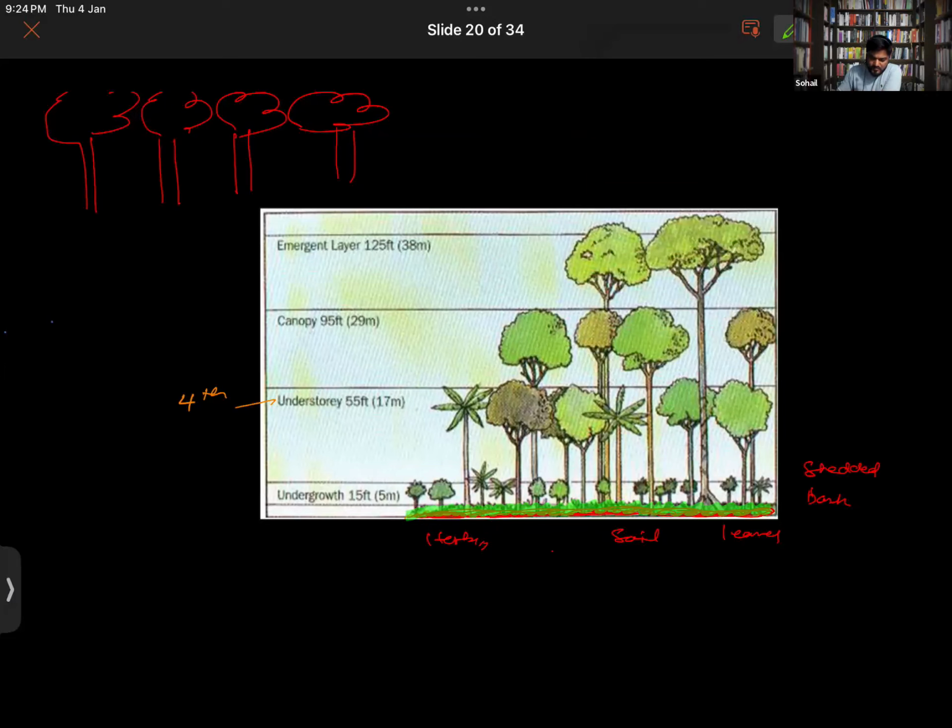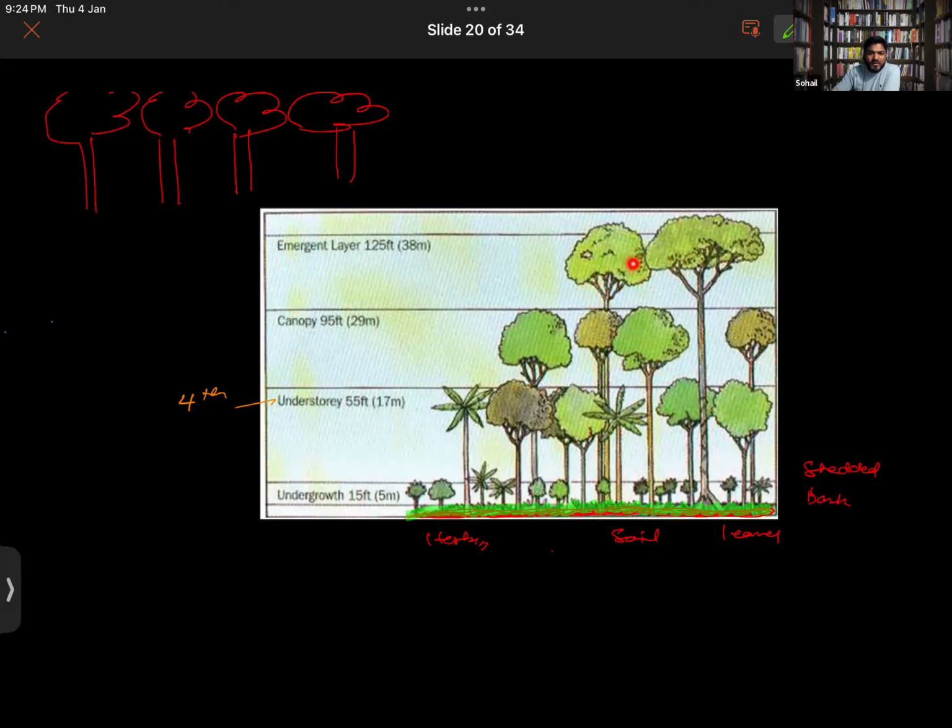So one more thing. If you were to ever look at the drone footage of a forest, do one thing: search on YouTube for drone footage of a forest. There you will find some trees with heights of up to 38 meters, 40 meters, 50 meters also, and they will be few in number.